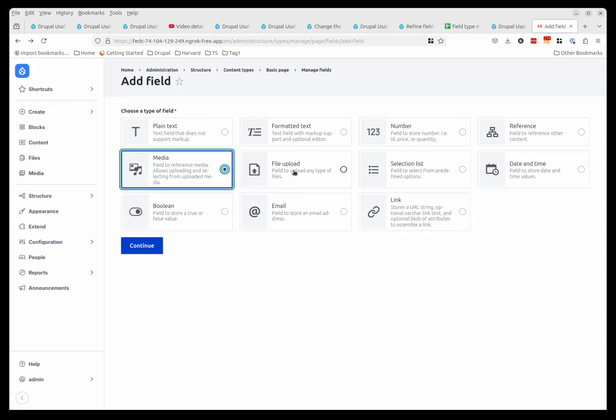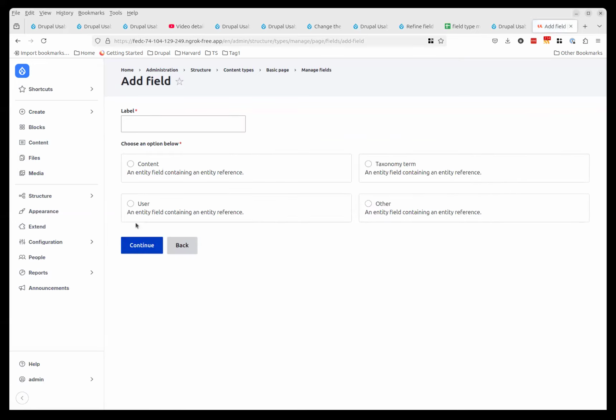For one, the problem is that with reference, you're also able to create a media reference. So you have two ways to create media, which is not directly apparent. It's not directly labeled. If you go there, you see only content, taxonomy term, and user.